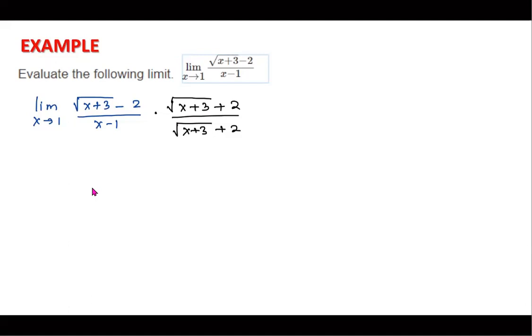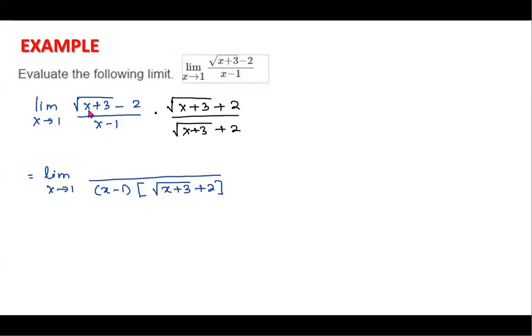Again, we are multiplying the fraction. So we multiply denominator with denominator and numerator with numerator. When I multiply the denominator, I'm multiplying x minus 1 with this giant quantity. So I'm going to write it like this, x minus 1, and inside the parenthesis, the next quantity, square root of x plus 3 plus 2.